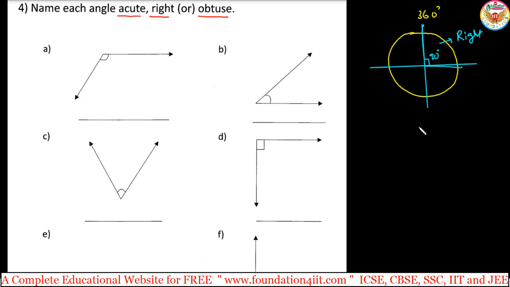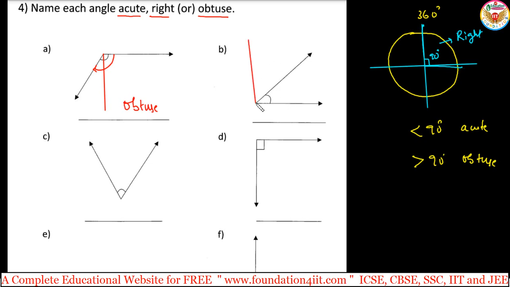If any angle is less than 90 degrees, that is acute. And if the angle is greater than 90, it is obtuse. So remember, this is more than half. Generally 90 degrees is only till here, but it is additional, no? That's why it is obtuse.